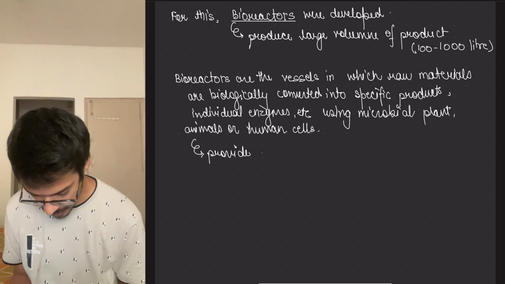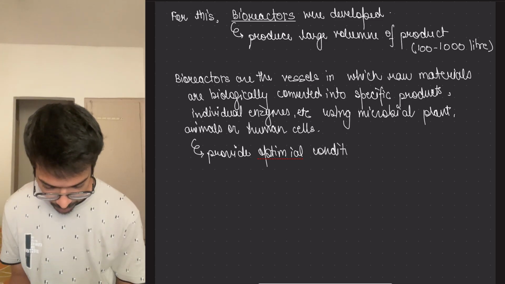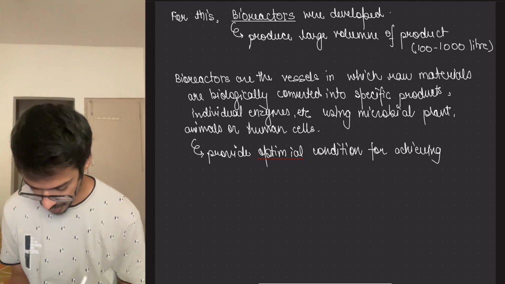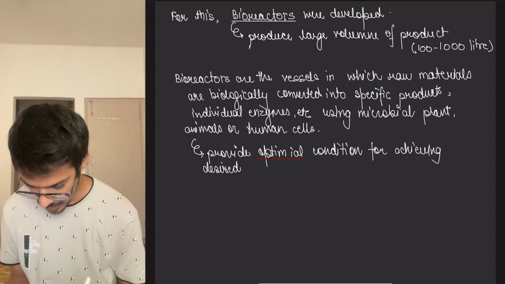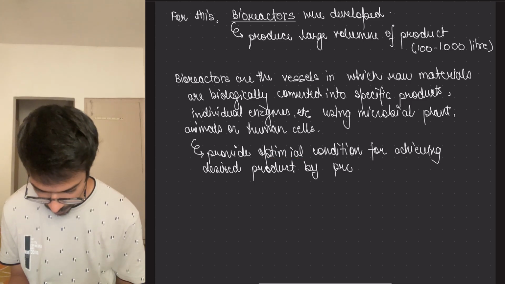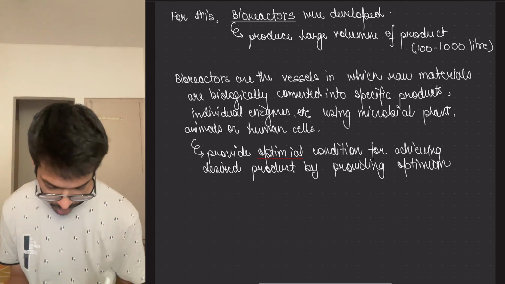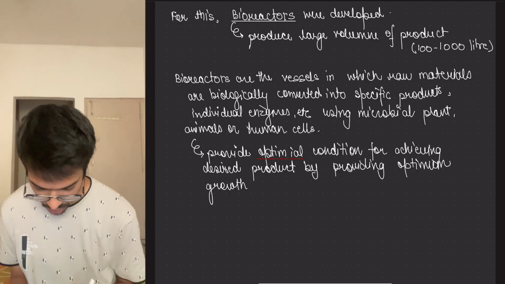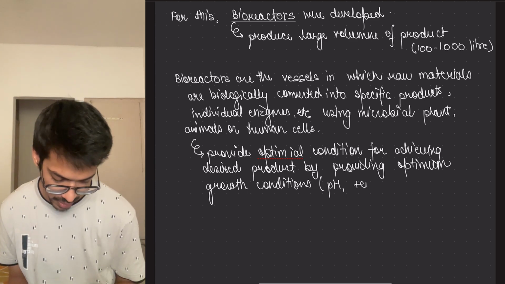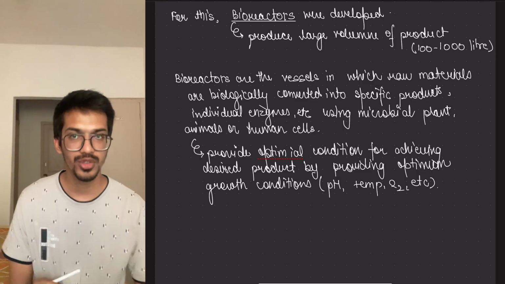It produces optimal conditions for achieving desired products by providing optimum growth conditions. What are those growth conditions? pH, temperature, oxygen, etc. All of that would be coming into it.